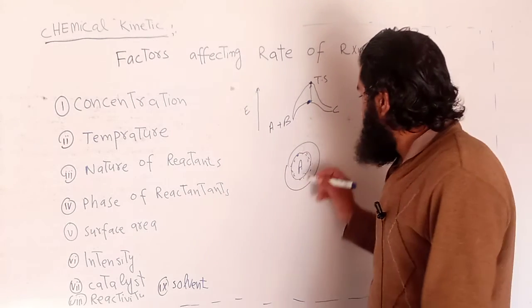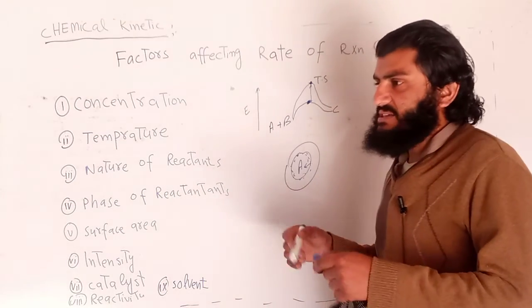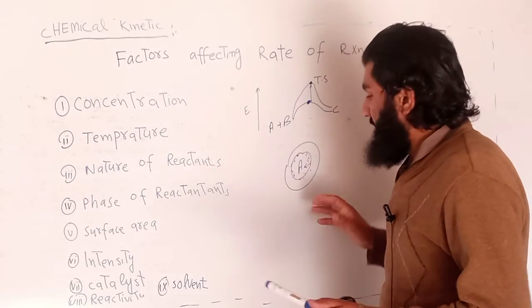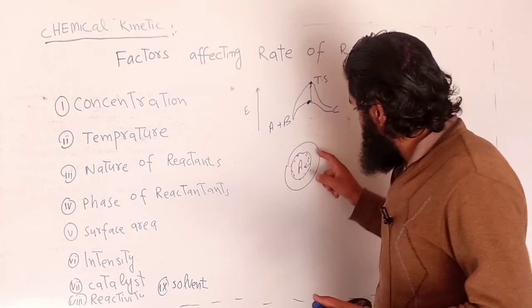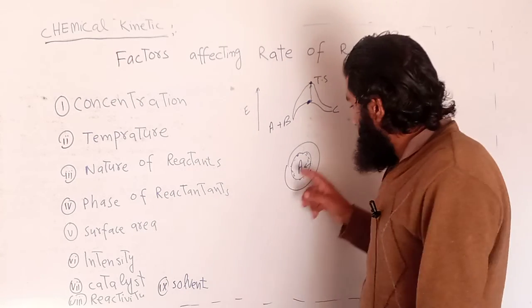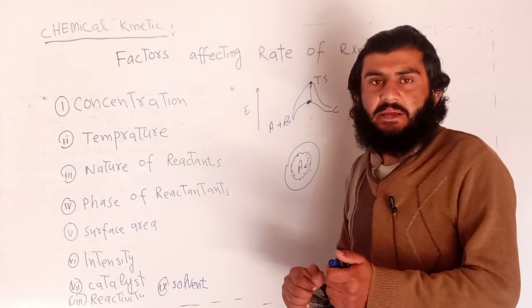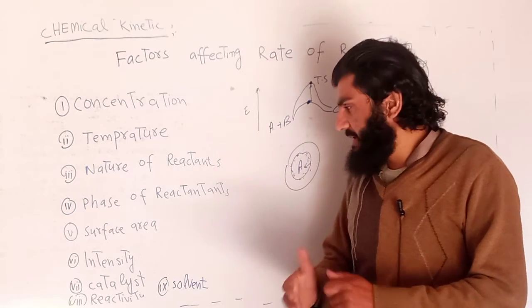Sometimes they discourage you and you lose all of your courage. The solvent works the same way: sometimes the solvent increases the reactivity of the reactants, and sometimes the solvent decreases the reactivity of the reactants.